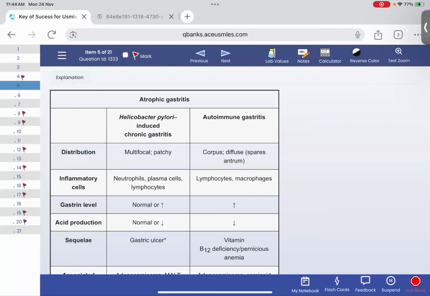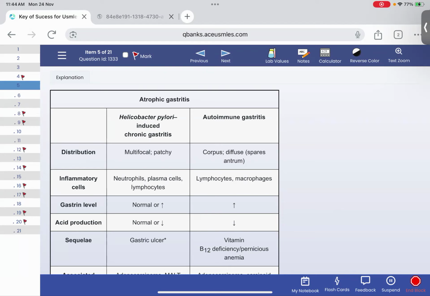Gastrin level in H. pylori induced gastritis may be normal or maybe high, okay, if those delta cells are damaged. In autoimmune, you will always have a high gastrin level. Acid production may be normal or maybe low, okay.